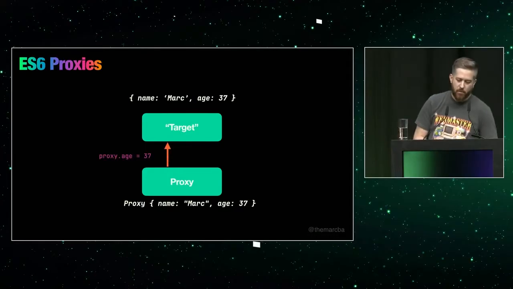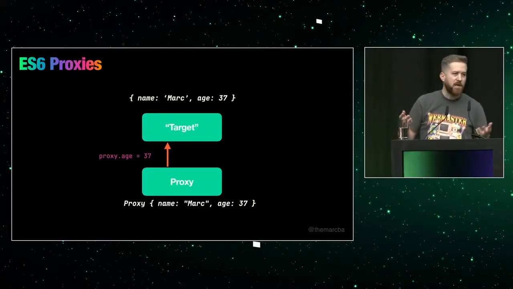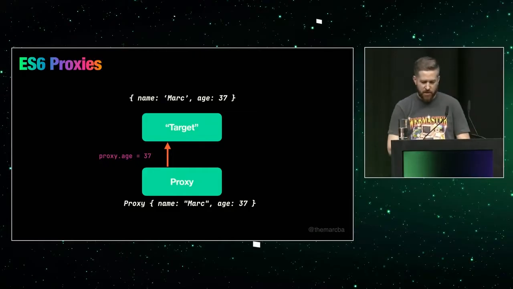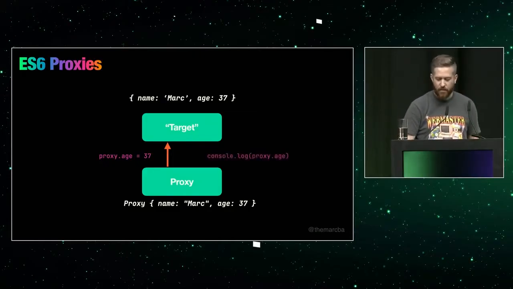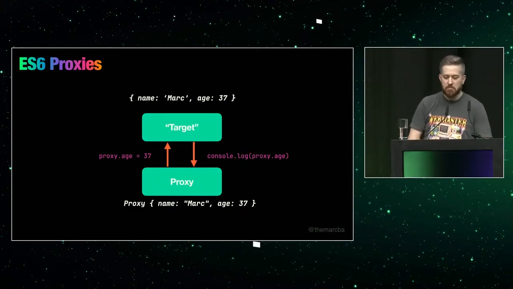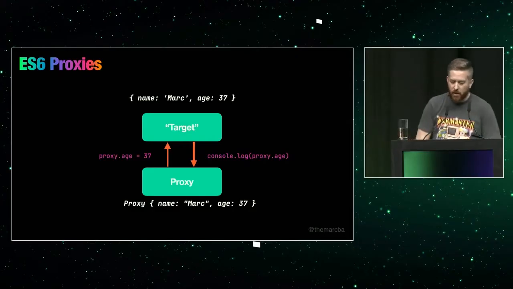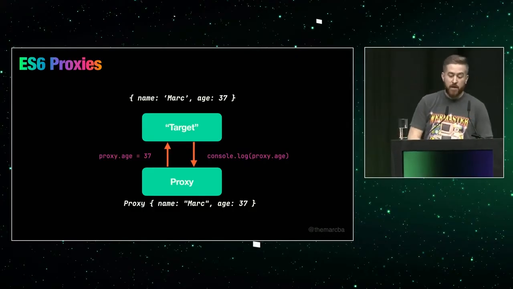For example, here, proxy.age, we set this value, so we set it to a so-called target. This target, you can imagine, is just the regular object, the state of the current object, right? And when you retrieve data from this proxy, like console log, or when you use it anywhere in your code to display or something, it also gets it from this target.